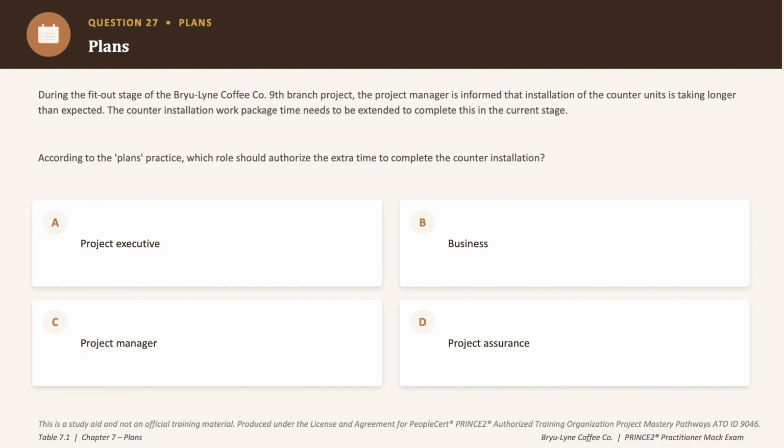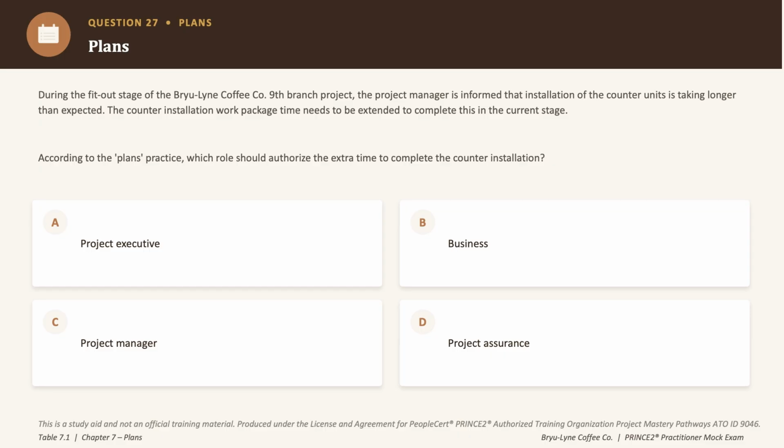Okay. However, if you are thinking that project executive might be approving this, please note that project executives do not set the tolerances. And you need to keep in mind that the project executives only get involved once stage tolerances are forecast to be exceeded. Okay.